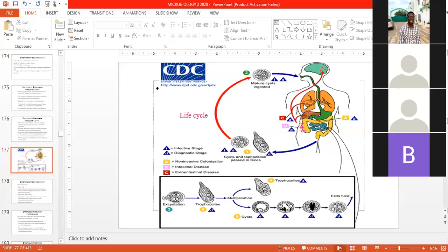So they become so many in the large intestine. What happens next? If they are there, you can present with dysentery or diarrhea. Then some can move out into the blood, into circulation.